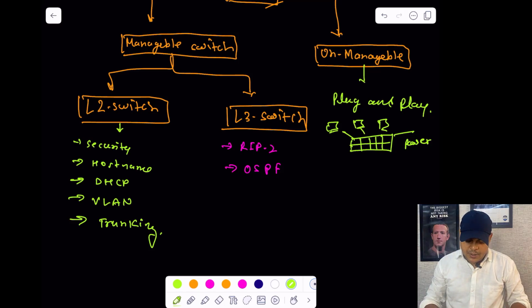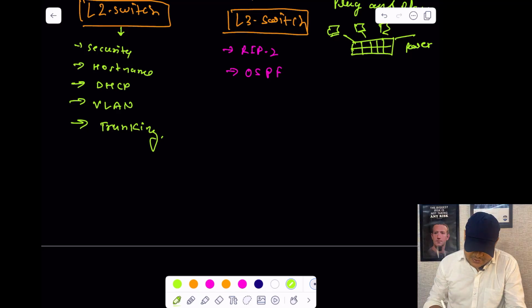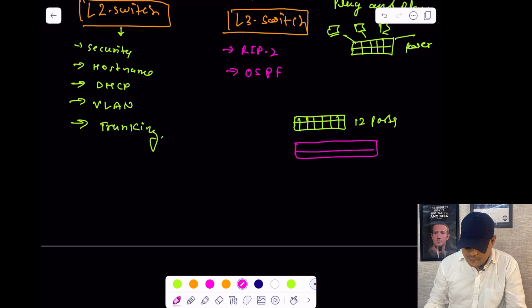Right, let's talk about the configuration. Yes, we also need to know about the configuration. Multiple switches are available, and as per your requirement you can proceed with a 12 port switch. We are also able to buy a 24 port switch, and we can also purchase a 48 port switch.